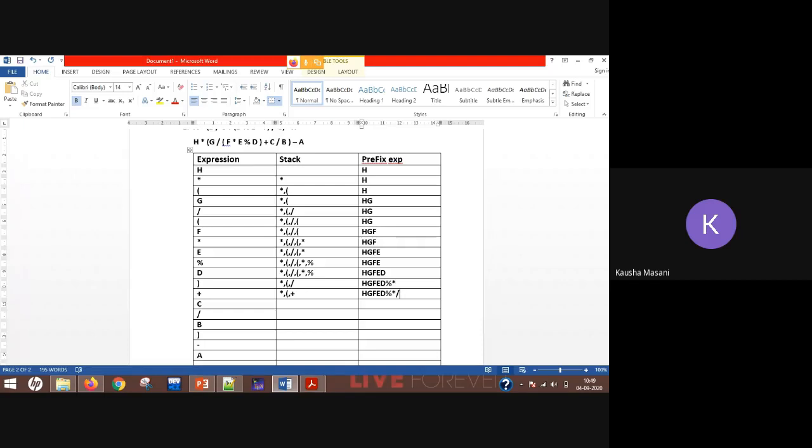Okay. Now C. Now see, again there is divide. Now plus does not have higher precedence than your divide. So divide is going to remain as it is.